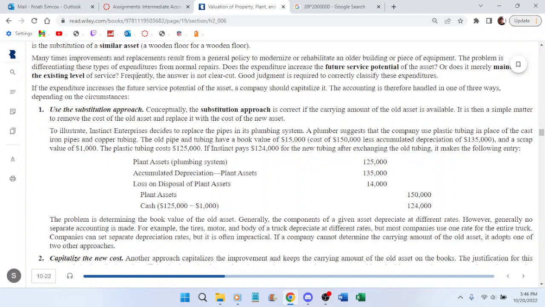That's where it comes from. Look, they even said that you do this minus 1,000. Yeah, but they already told you what the book value was.